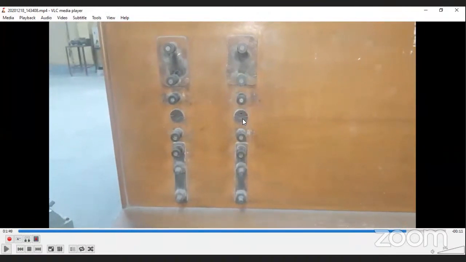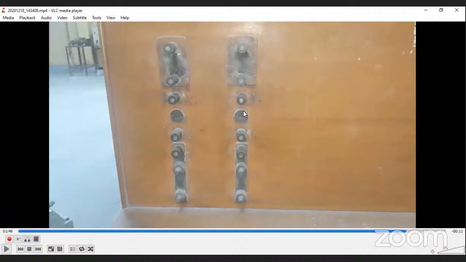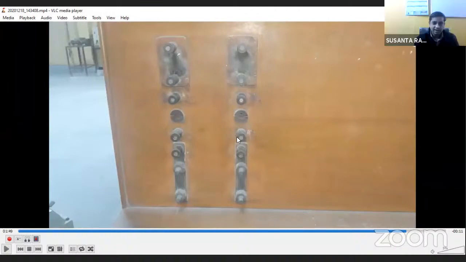Can you tell me how these discontinuities are used during the experiment? Can you see my mouse pointer? Yes, sir. So these are the discontinuities in this line.